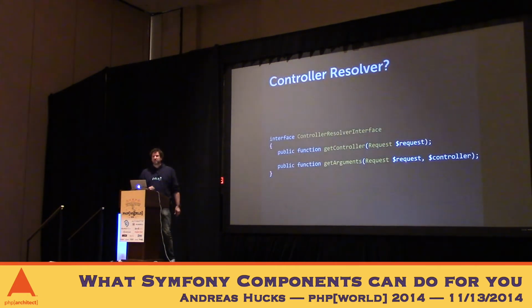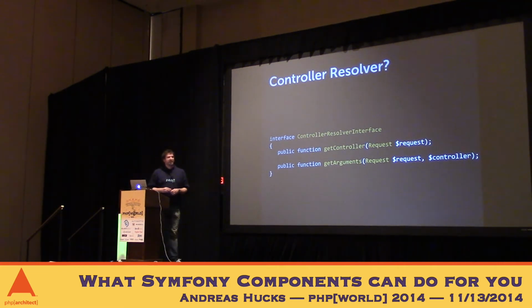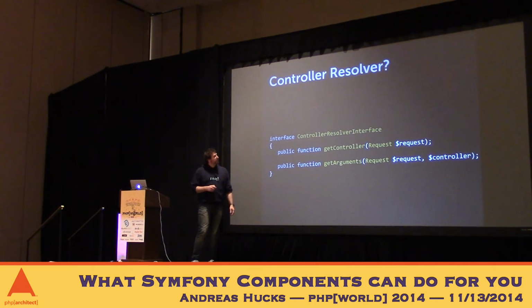So what is this controller resolver? So far, we have seen two ways of storing controller information in our matched route. The first way was to simply store a callable itself, which can be done. For example, Silex does it this way. Or you could store the controller information as strings, as we did in this case.